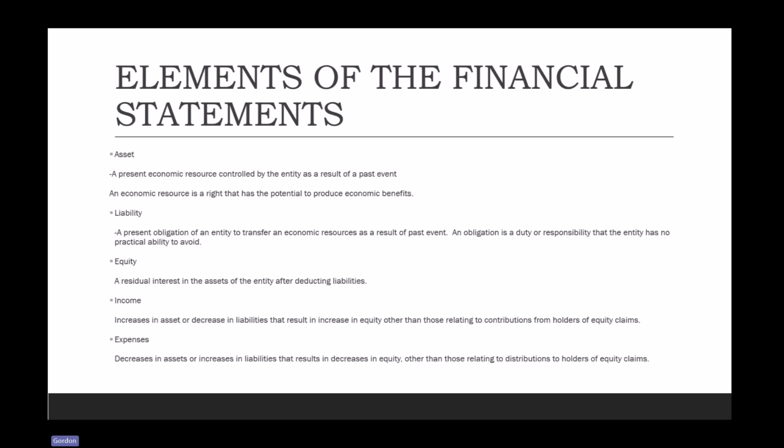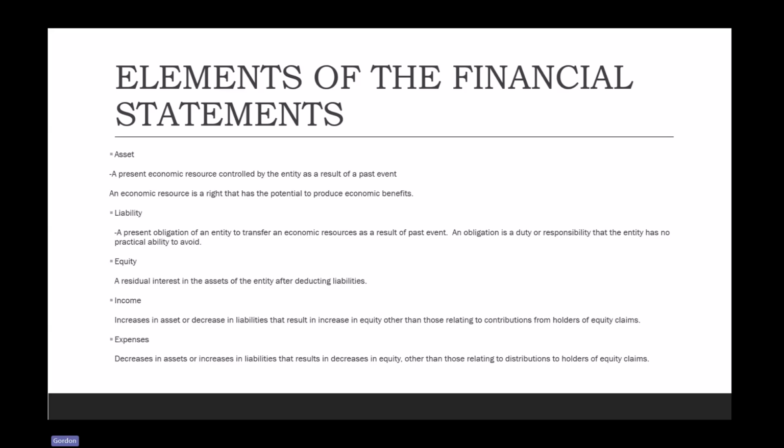This year it is worth 300,000. That gain is an income. Why is it income? Because it meets the definition. It's an increase in asset. Your asset was 200,000, now it is worth 300,000. Your asset has increased, and because your asset has increased, you have received an income. You understand? So every time an asset increases or a liability decreases, there's an income.